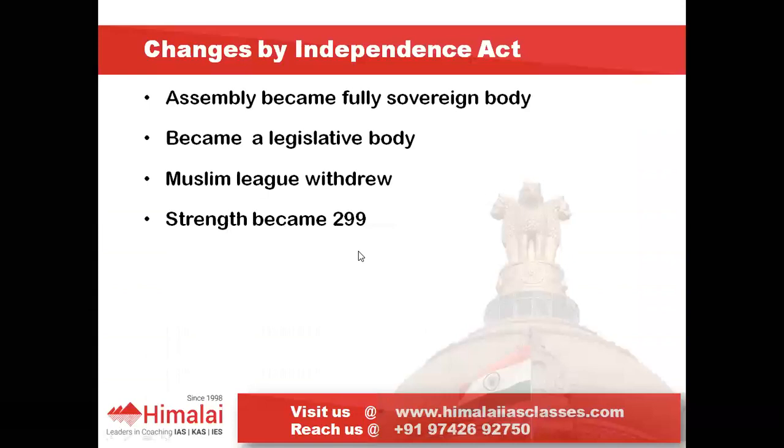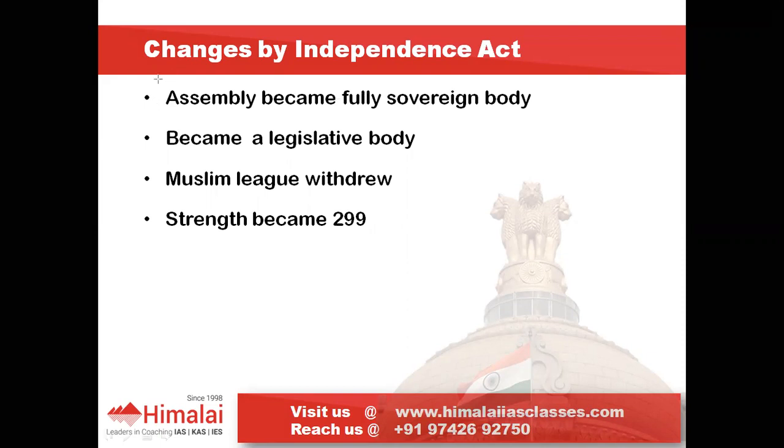Moving ahead. We just saw that the first time the Constituent Assembly met was 9th December 1946. And we all know that India got independence on 15th August 1947. So the Indian Independence Act, which was passed for that purpose, brought some changes in the status of the Constituent Assembly.